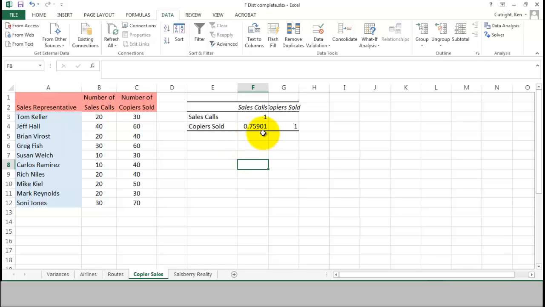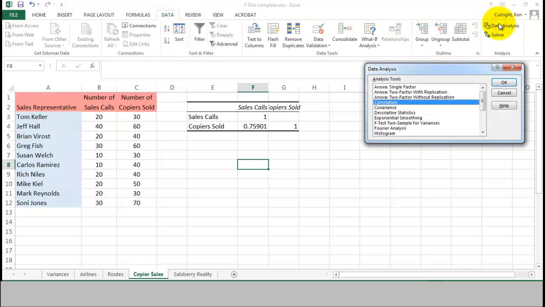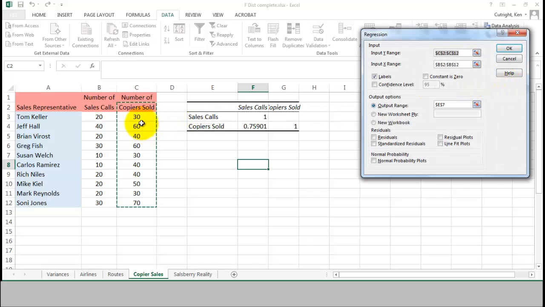Now I'd like to determine the equation of the regression line, so I'm going to again go to Data, go to Data Analysis, and this time I'm going to scroll down to Regression, choose Regression, and make sure that you get the right column in the right place over here under the input values.